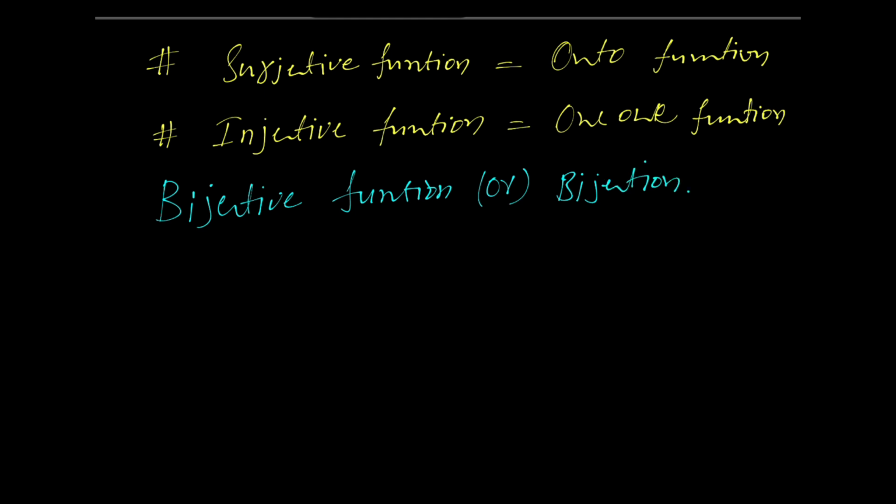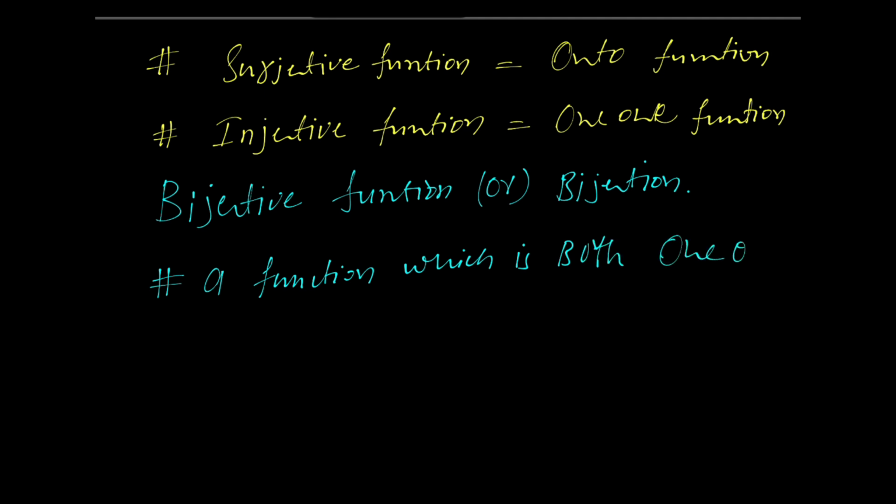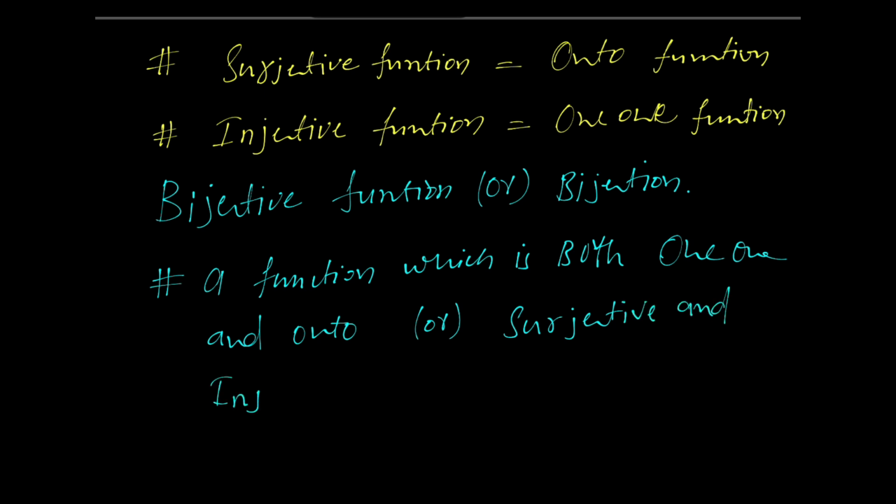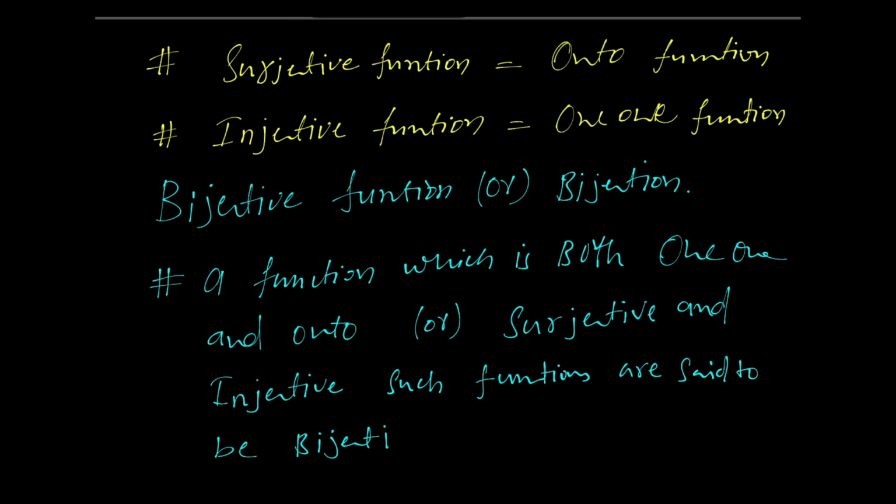A function which is both one-one and onto, or a function which is both surjective and injective, such functions are said to be bijective functions or bijections. Whatever you want to write, you just write it.